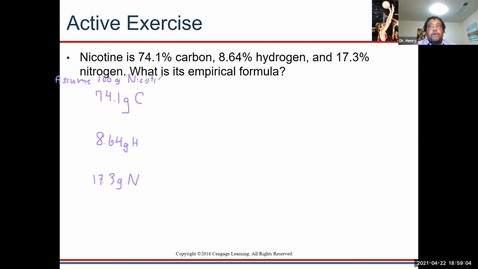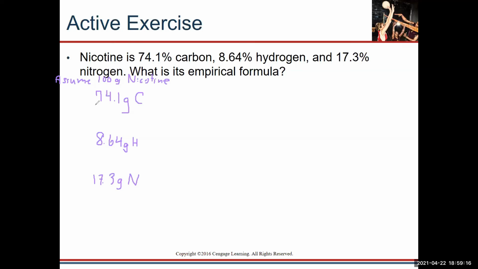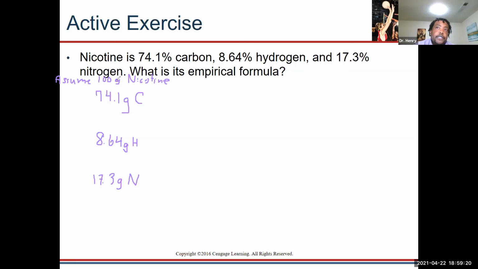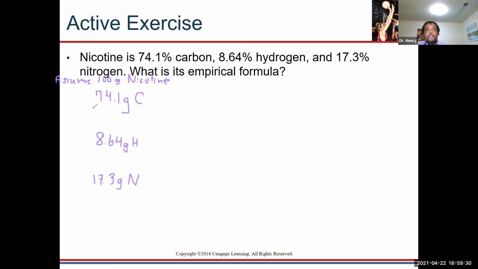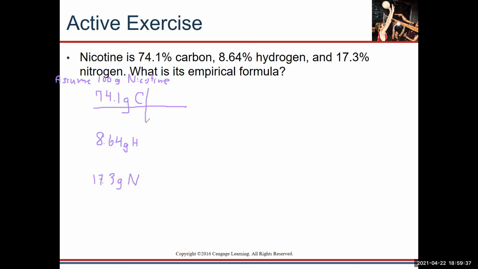Okay, so the first thing I want to do is do what? Find the moles of each element. Okay, how do I do that? 1 mole over their atomic mass.